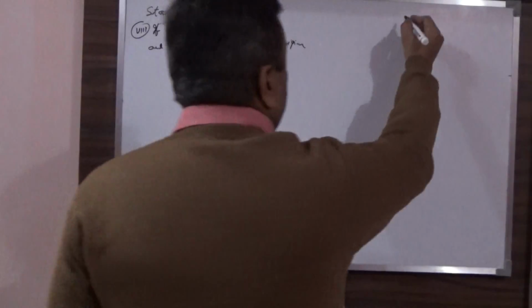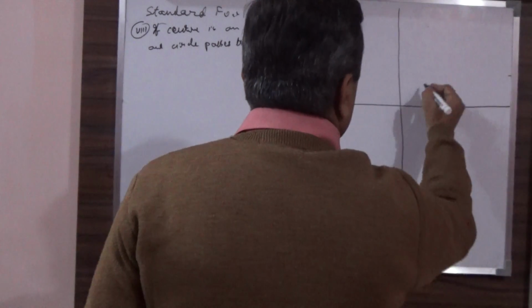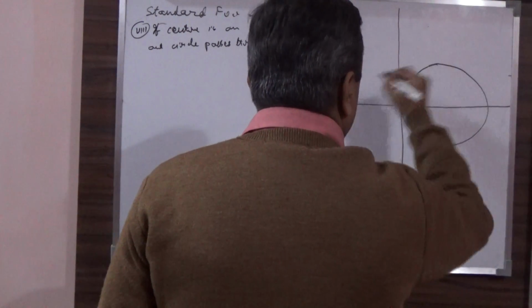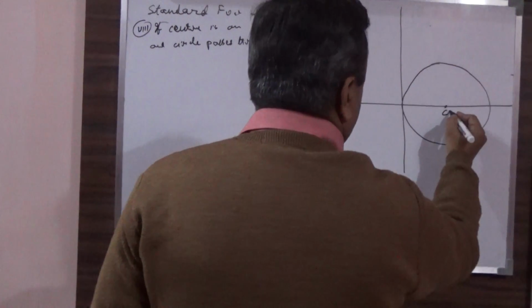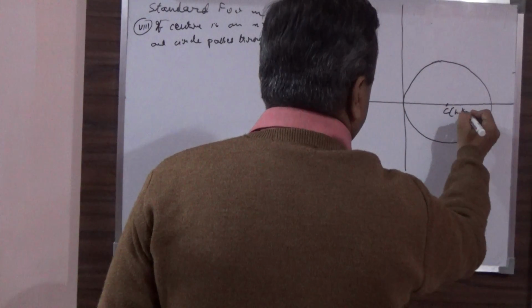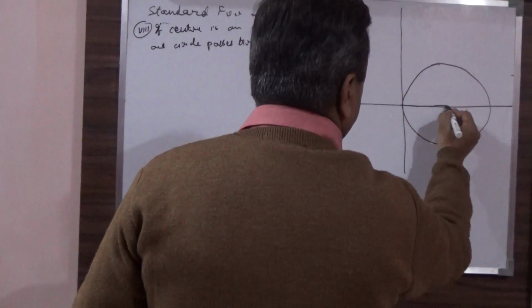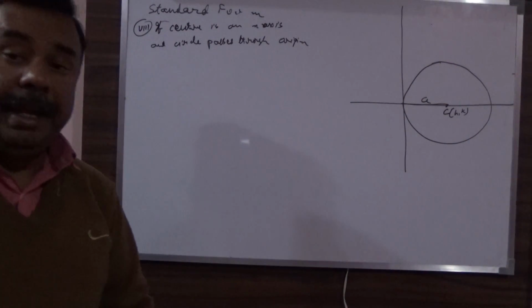So now what will happen? See, the circle will be something like that. Okay, this is your center and its coordinate will be (h, k). And this distance will be the radius of the circle, that is a.